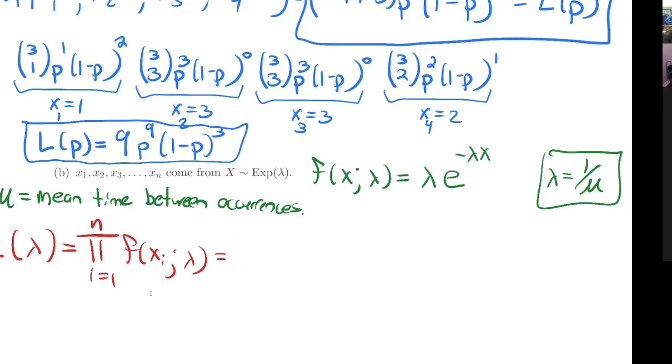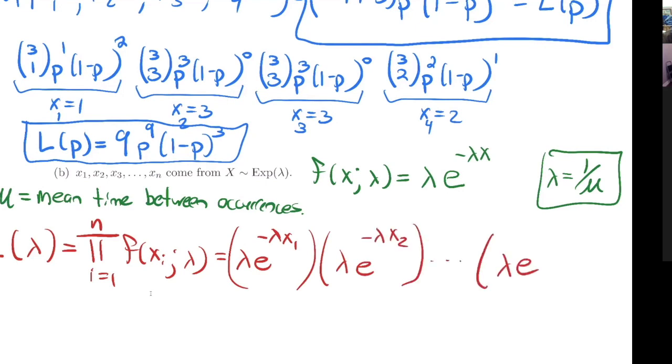So that means we would get lambda e to the minus lambda x1 times lambda e to the minus lambda x2. So we would do that for all n observations that we have here.